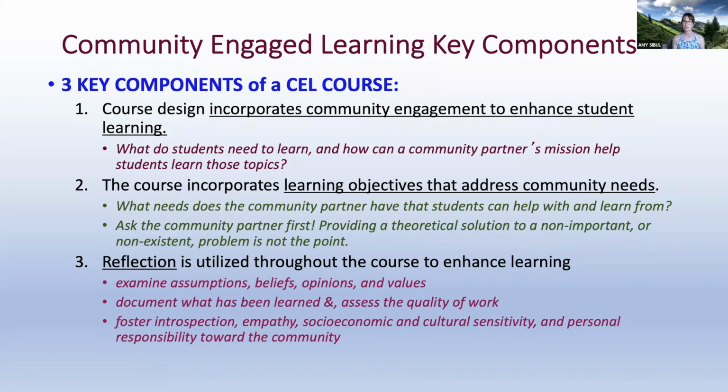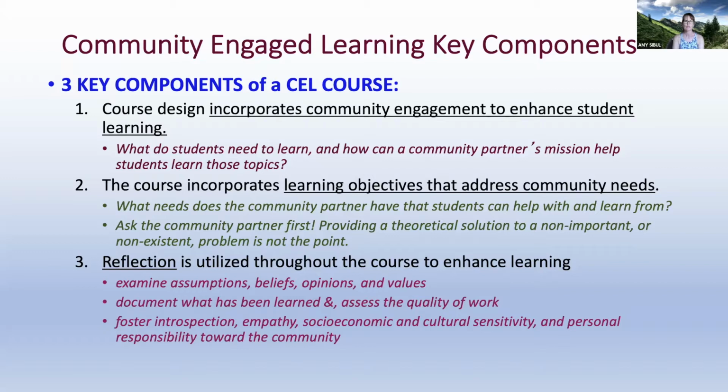That means any of those classes have undergone a rigorous review process to make sure that they have these three components robustly included in the teaching of the class. And I actually sit at the head of the committee that approves these designation requests across campus. And I can tell you we have a really big, robust list of classes that you can seek out if this is something that's interesting to you.